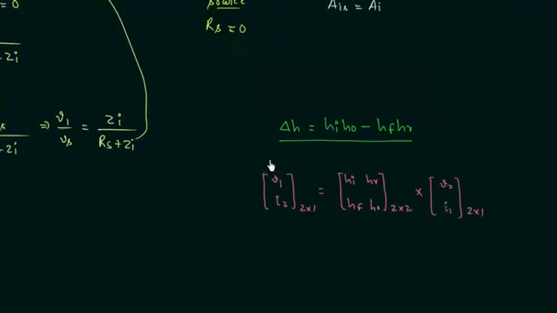Let's say this matrix is matrix D, this matrix is matrix I. The D is bold capital D, this I is bold capital I.